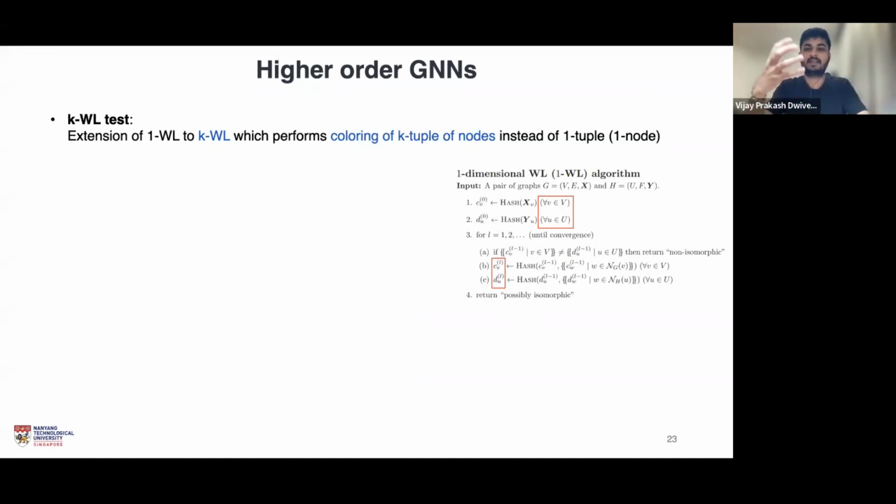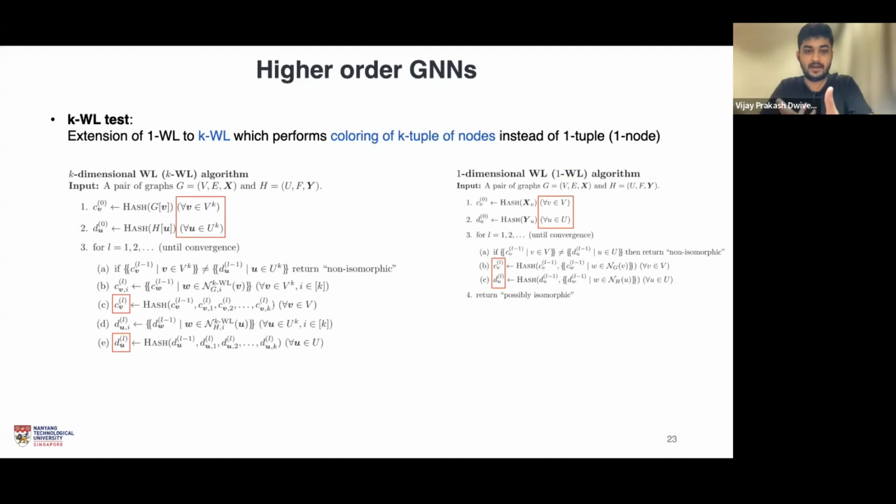If you consider K number of nodes as one unit, and we have an algorithm for coloring this K tuple of units at once, then it becomes a K dimensional WL algorithm, where now V and U represent a K tuple of nodes rather than just a single node. That's why the basic WL algorithm that was presented earlier is referred to as the one dimensional or 1WL algorithm. And now we can have a generalization up to a K tuple.